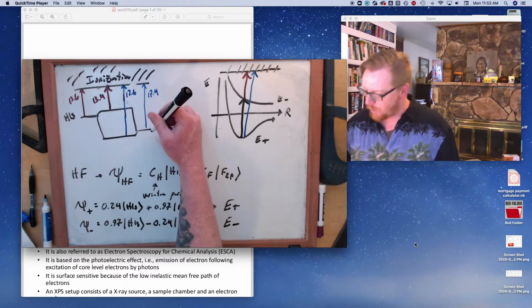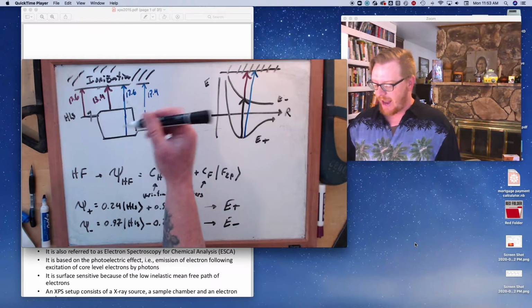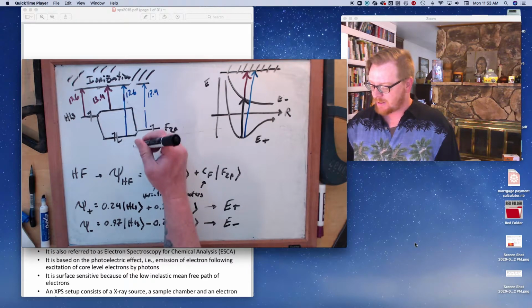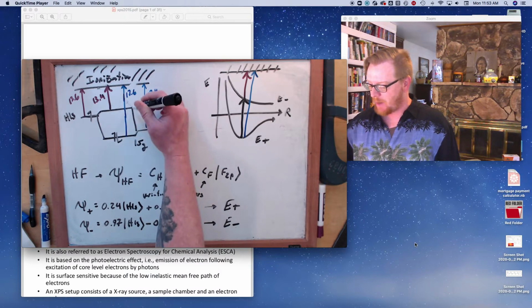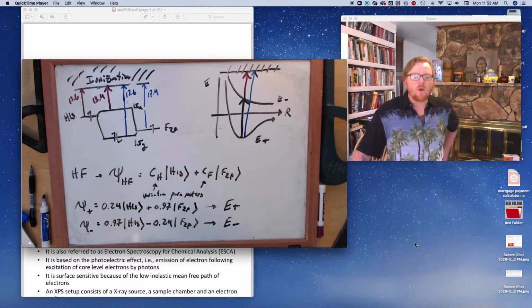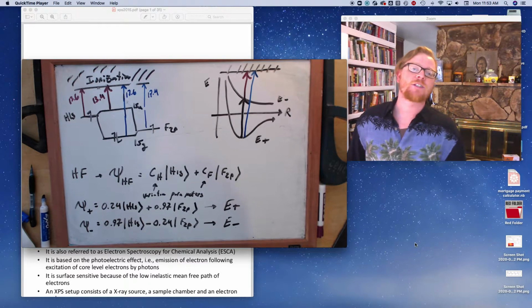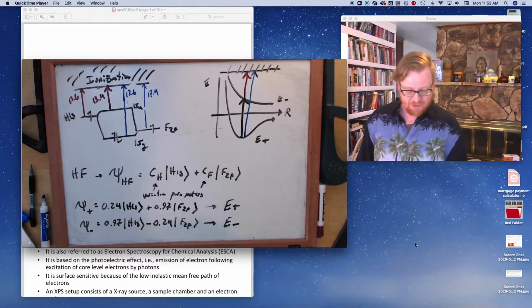And of course, we know that one F2p electron and one H1s electron will donate to make that 1 sigma g bond. And then, of course, there's the 1 sigma u. So that's how all these things are put together. And of course, the situation becomes a lot more complicated with increasing complication in molecules.